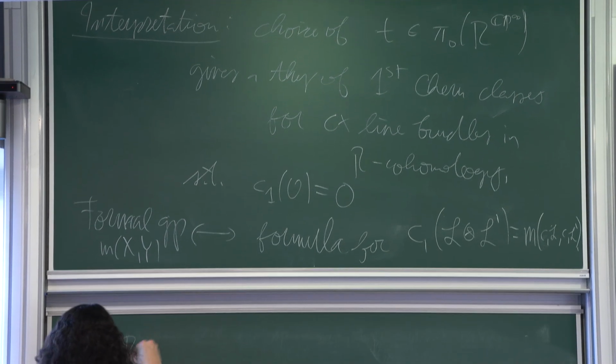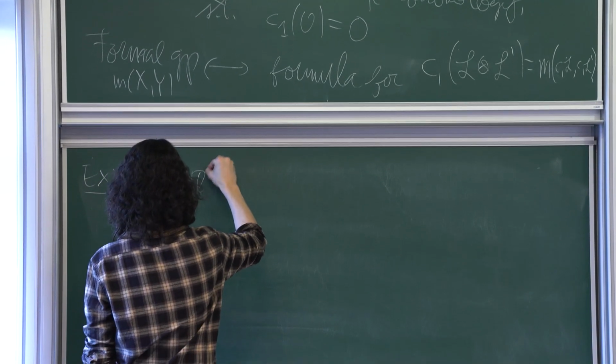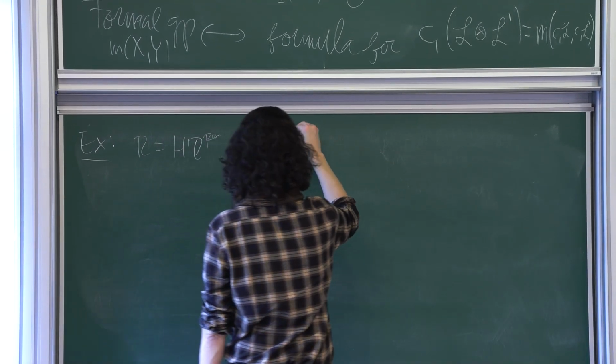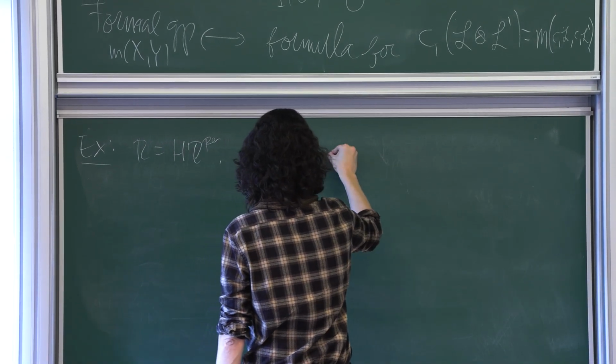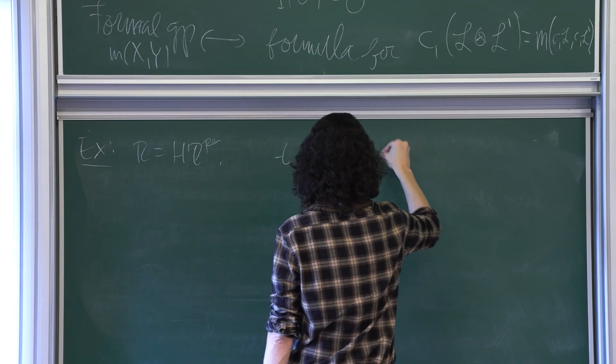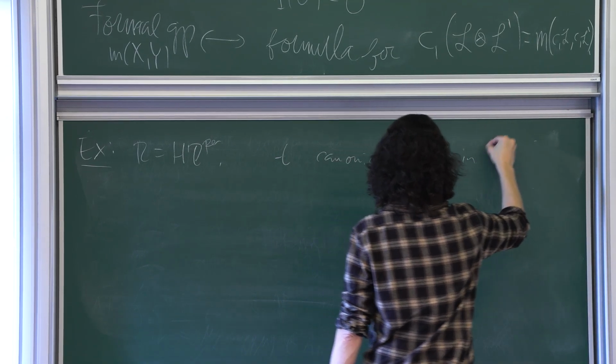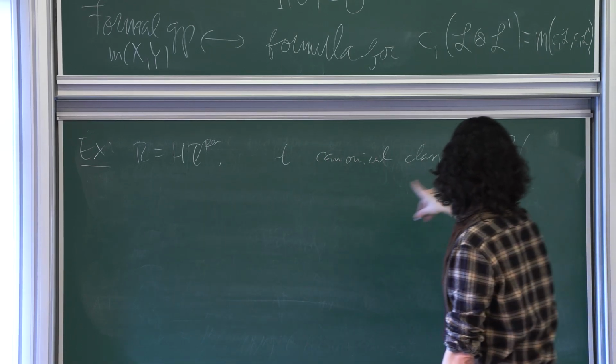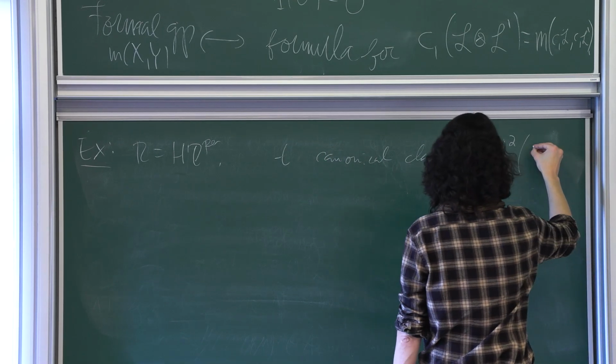If R is HZ periodic, then we can choose t to be the canonical class. It lives in degree 0 in the periodic theory, but in the non-periodic theory it would live in H2.